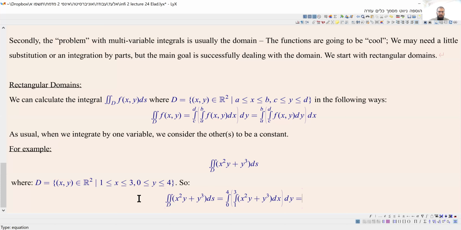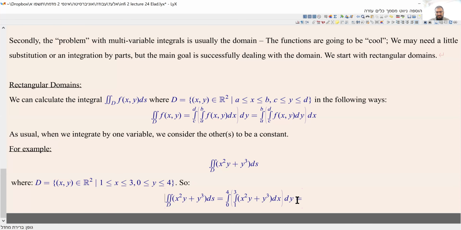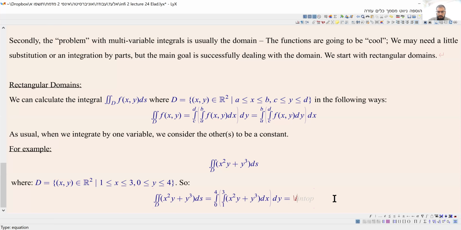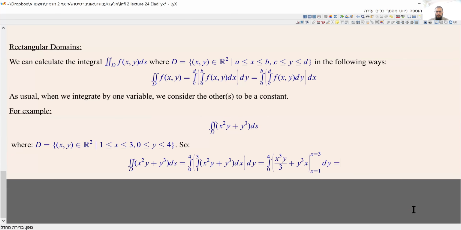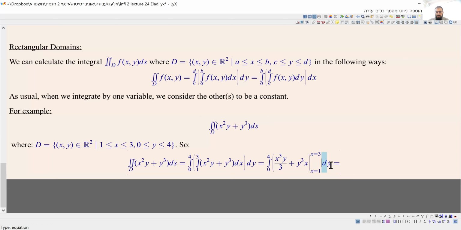Integrating by x, considering y to be a constant, the outer integral is 0 to 4, and it is x cubed y over 3 plus y third x, where x is between 1 and 3, dy, whatever we get here.